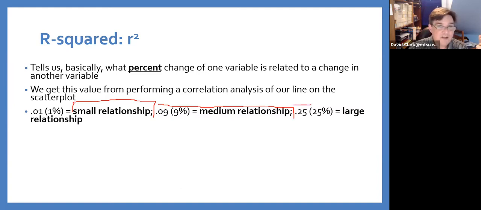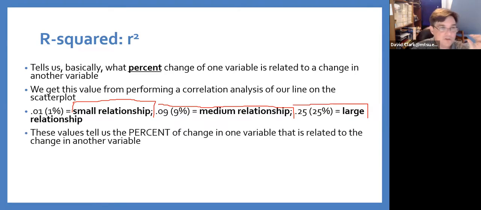And 25% is a large. That tells you the percent of the change in one variable that's related to the change in another.